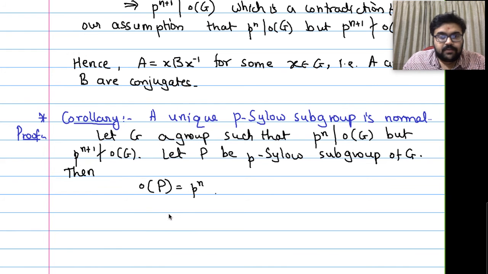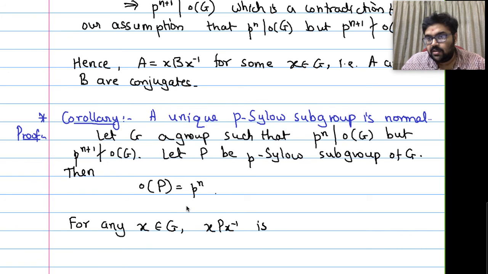Now for any x in G, we know this x P x inverse. What is x P x inverse? If P is a subgroup, x P x inverse is also a subgroup. Last time we did this exercise in the last lecture. So if H is a subgroup, x H x inverse is also a subgroup.